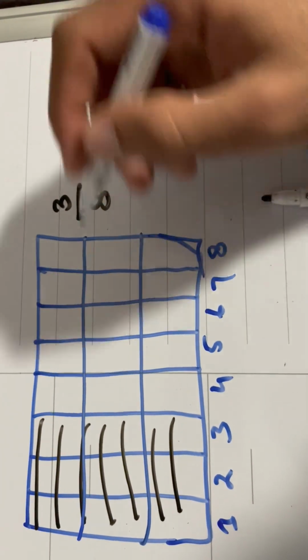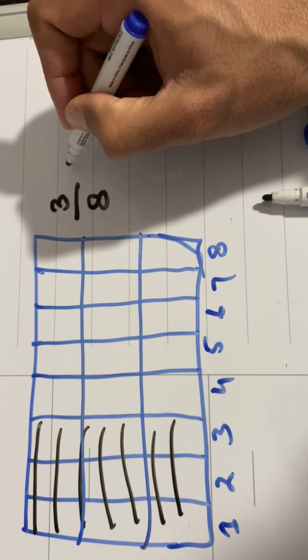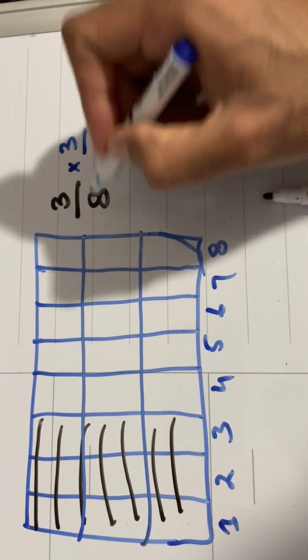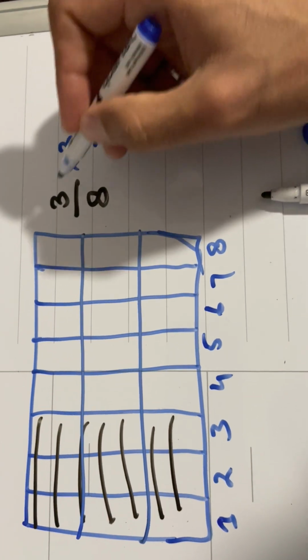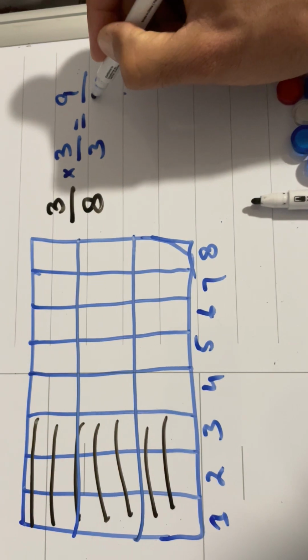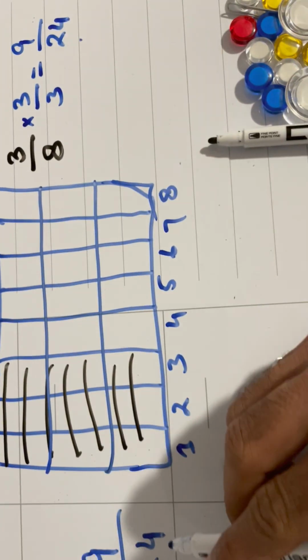That means basically we increased all parts by 3, which is equivalent to multiplying and dividing our first fraction by 3, which will give 3 into 3, 9, 3 into 8, 24, which is the same as what we found here.